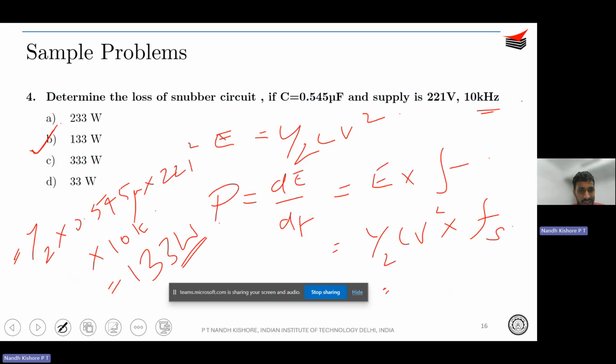Let me just calculate over here. 0.545 into 221 into 221 into 10K. Yeah, so you will be getting 133.09 watt, or 133 watts.